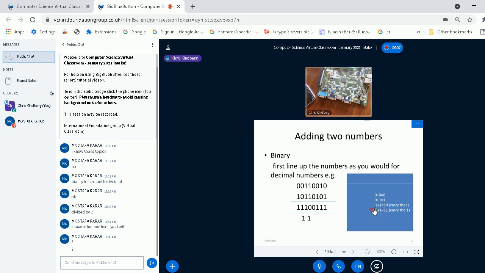That's all we need to know. It's three rules. Add two zeros, you get 0. Add a 0 and a 1, you get a 1. Add two 1s, you get 1, 0, because you're carrying the 1.